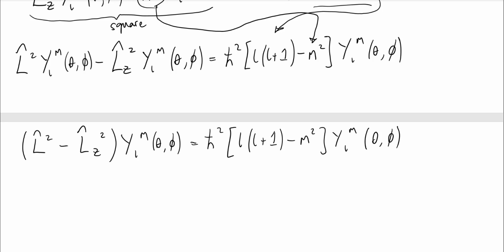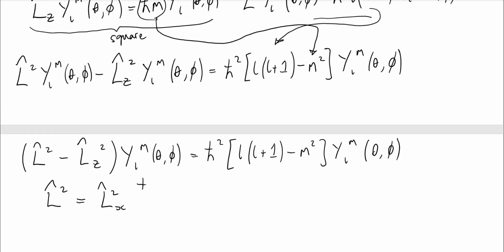Now, thinking of geometry, we can also recognize, of course, that the operator for angular momentum squared, that would be the magnitude of the angular momentum operator squared, is made up, thinking about the Pythagorean theorem and geometry, of these three components. Okay, so we know this.